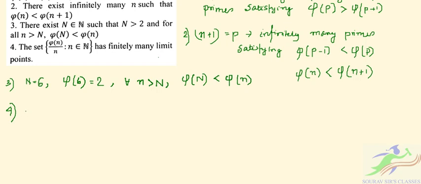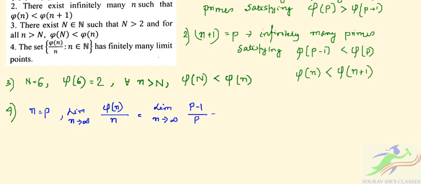So let's check with option 4. If we take n equal to p, then the limit as n tends to infinity of phi of n by n is equal to the limit of p minus 1 by p, which is nothing but 1.